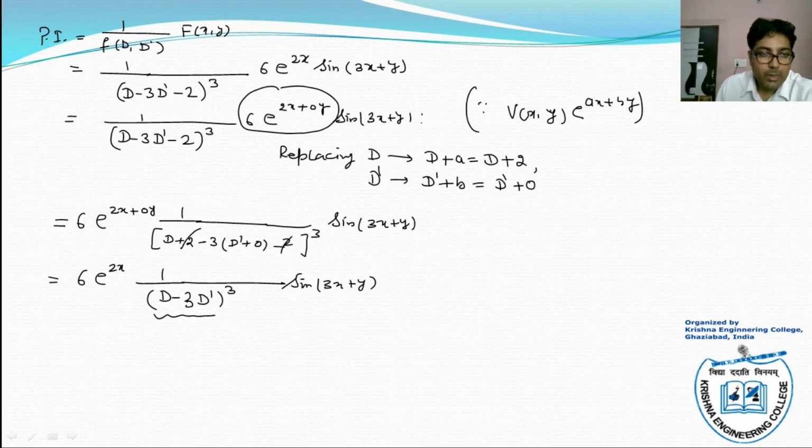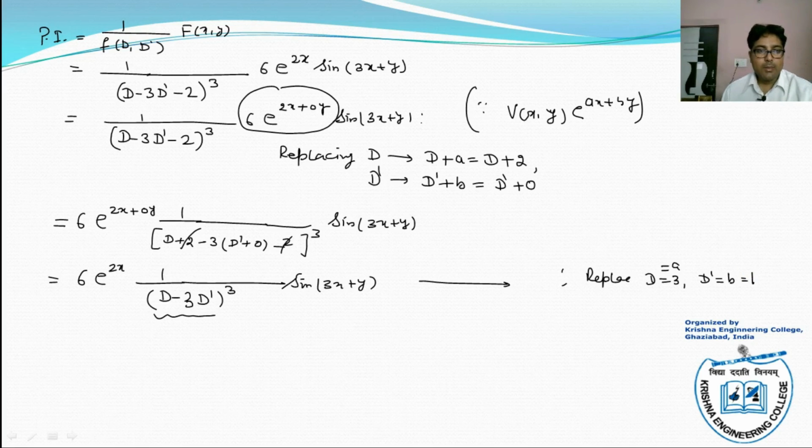Now here the rule of homogeneous is replace D by a, which is 3, and D' by b. b is the coefficient of y, b is 1, and integrate 3 times with respect to u, where u is equal to 3x plus y. Clear?